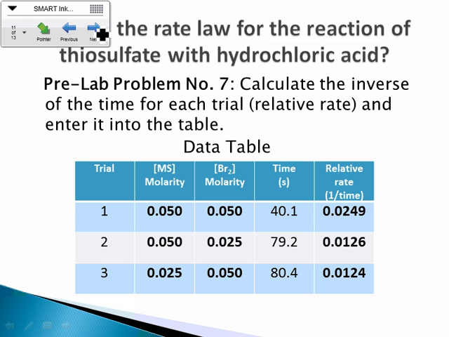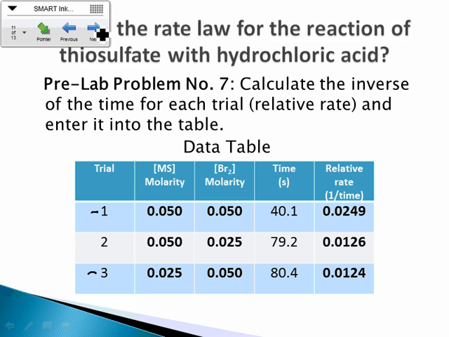Okay, so on this one, looking at the MS, it goes from 0.025 to 0.050. I would look at experiment 3 and experiment 1 if I were you. Okay, because that's where the concentration doubles for the MS, but the Br2 concentration stays the same.